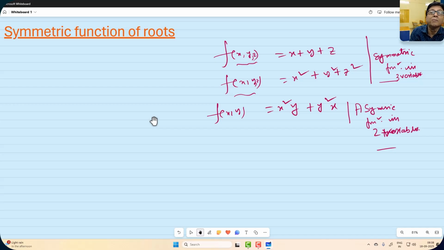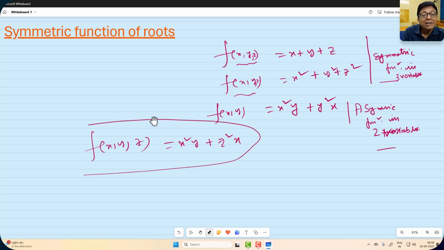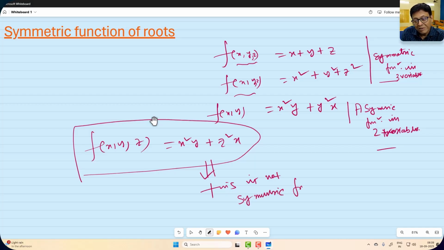But the definition you should remember: if we interchange any two variables and the expression doesn't change, then it is said to be a symmetric function. Like if f(x, y, z) is equal to x square y plus z square x, is this symmetric? This is not a symmetric function. Why? Because if you simply change x and y here, or x and z here, it will change.